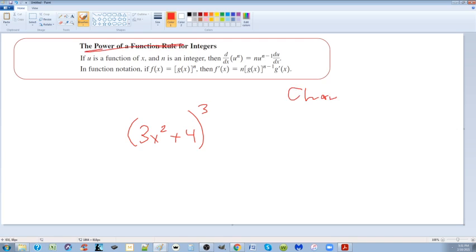So you can sort of ignore that, because later on we're going to learn the chain rule. The chain rule says that, and I'm just going to skip to the end. If this is f of x, how do I find the derivative of that? The chain rule says I take the power, put it in front. Okay. Take the power, put it in front.